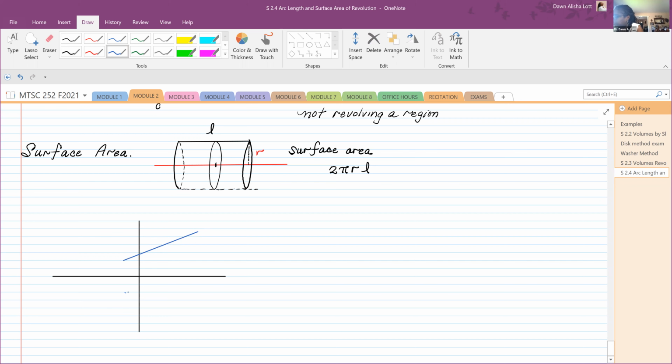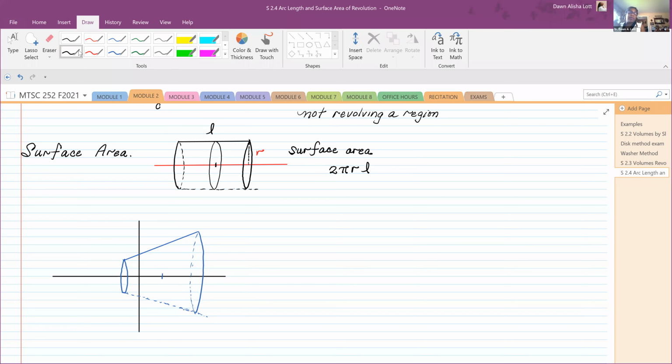When I rotate it, I'm going to get something that looks like this. And I want to find its surface area. So here's my little piece.